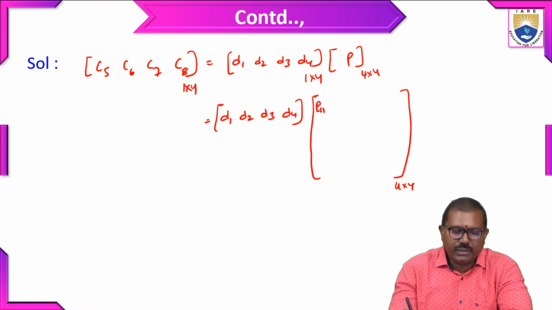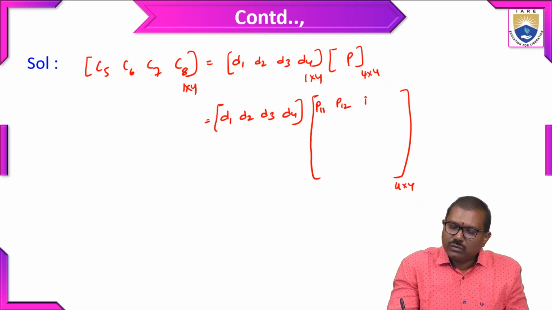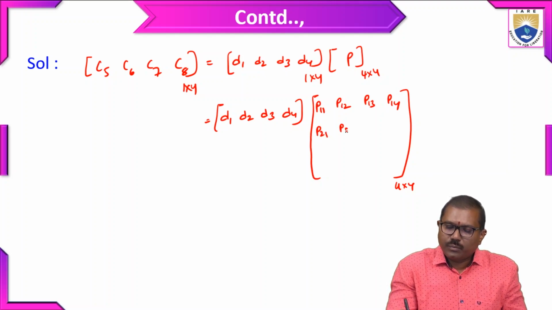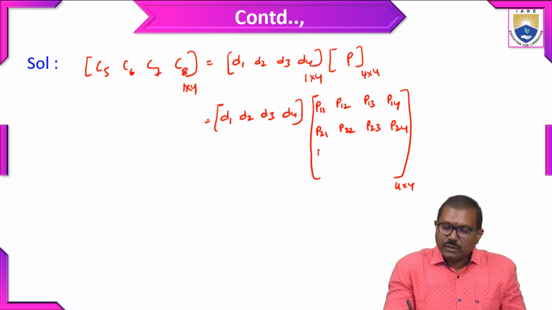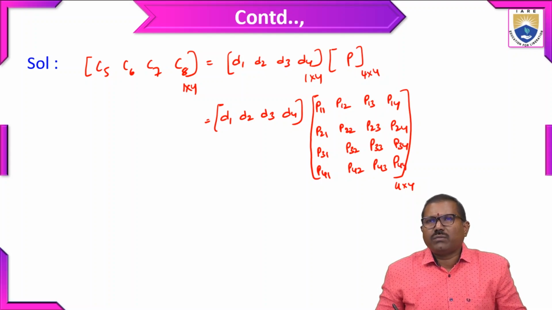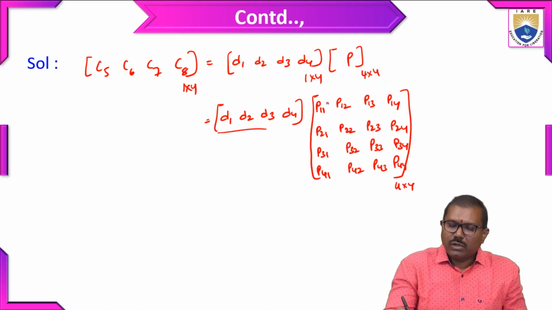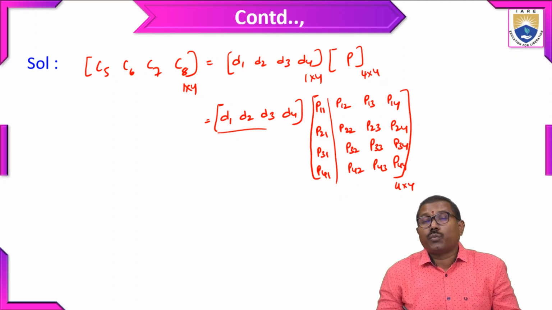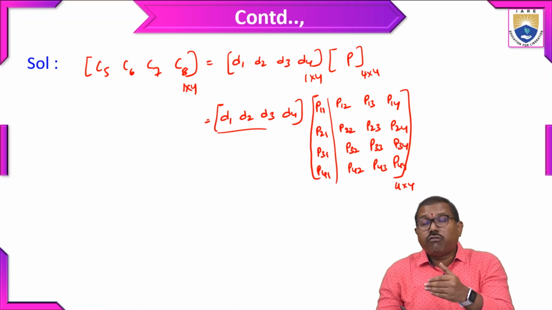It starts from P11, P12, P13, P14, then P21, P22, P23, P24, then P31, P32, P33, P34, and the last row is P41, P42, P43, P44. So this is my 4 by 4 coefficient matrix. Now I multiply the row with the columns. We have only a single row, and it is multiplied with the 4 columns.